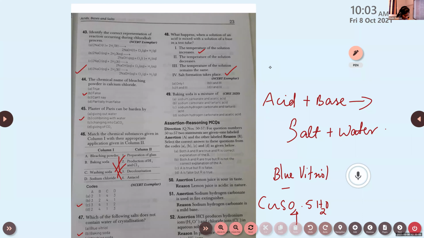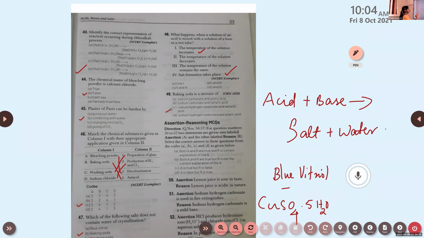Can you tell me? Baking powder. Sodium hydrogen carbonate and acetic acid. Is it acetic acid? Tartaric acid. Look at the textbook, page number 31, under the heading uses of sodium hydrogen carbonate.